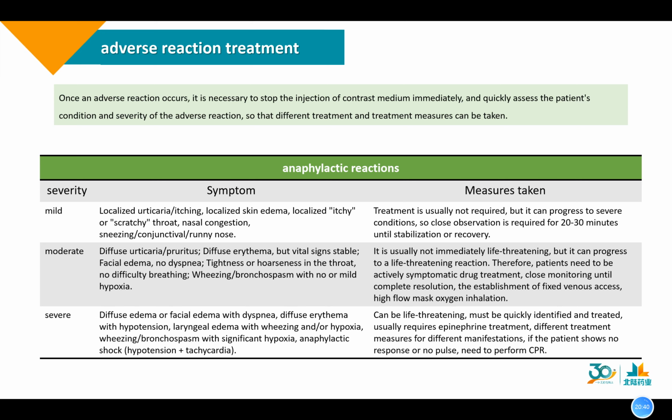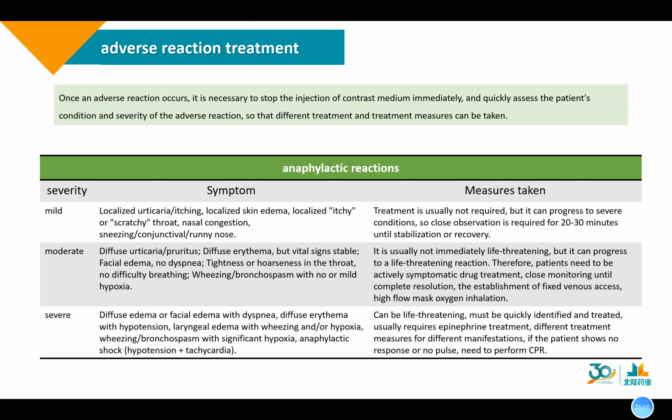The establishment of fixed venous access, high flow mass oxygen inhalation. The severe anaphylactic adverse reaction symptoms show diffuse edema or facial edema with dyspnea, diffuse erythema with hypotension, laryngeal edema with wheezing or hypoxia, wheezing or bronchospasm with significant hypoxia, anaphylactic shock.